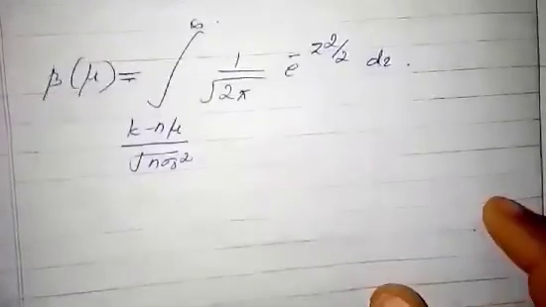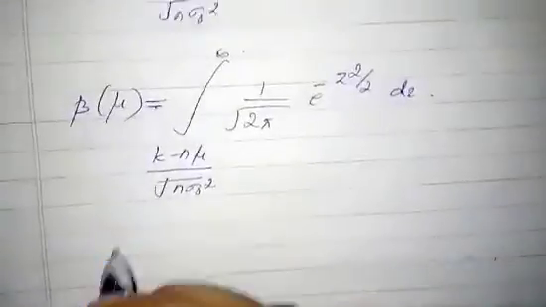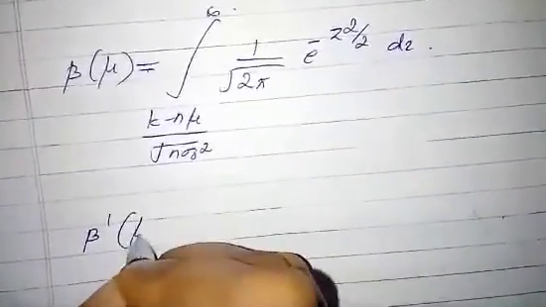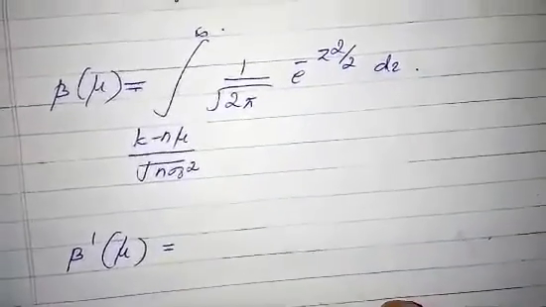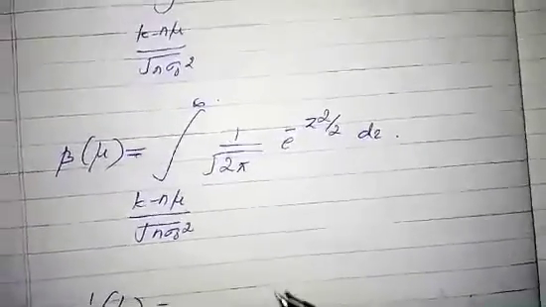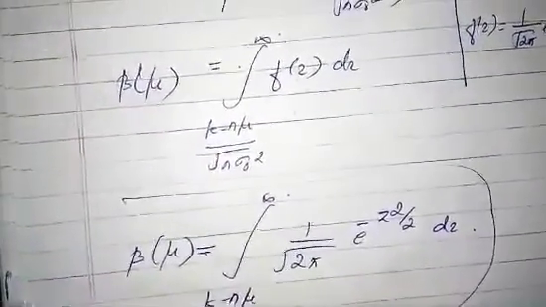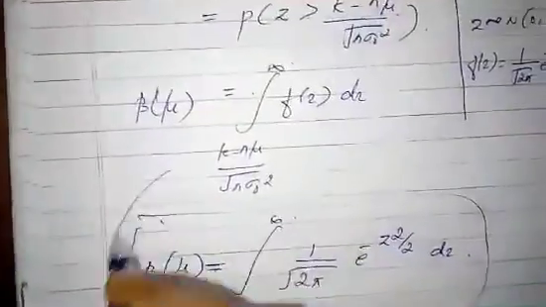Using Leibniz rule, we differentiate beta of mu.